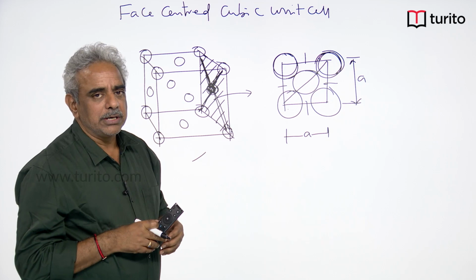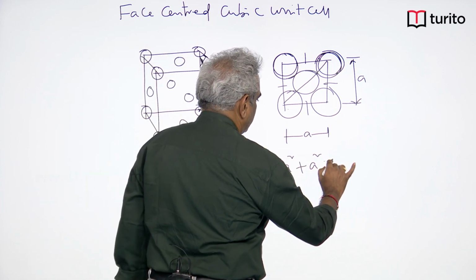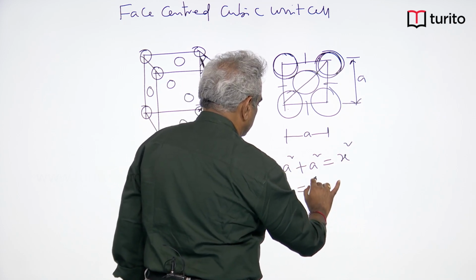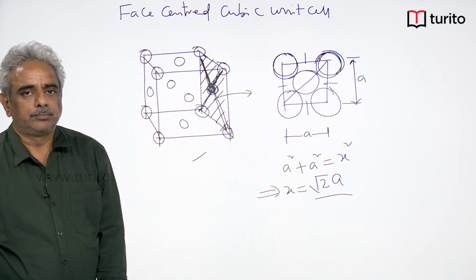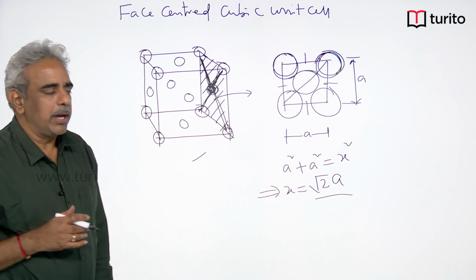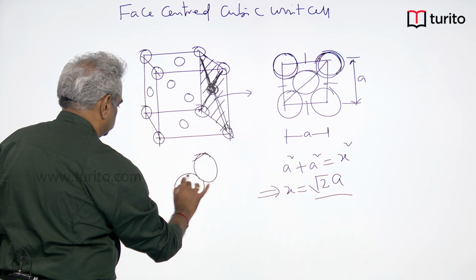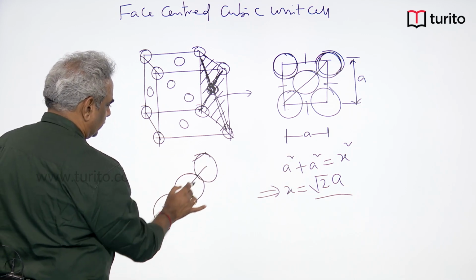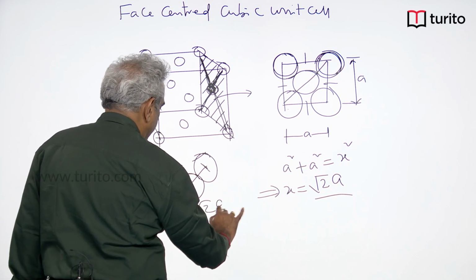You can use Pythagoras theorem. A square plus A square, x square, implies x is equal to root 2a. So the face diagonal is root 2a. This length is root 2a.